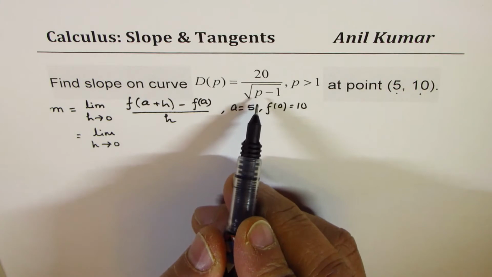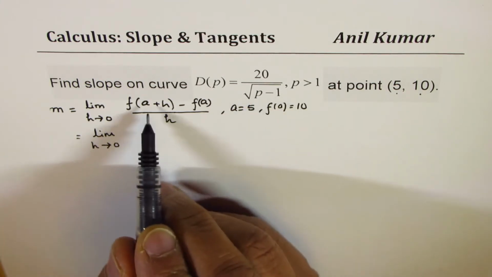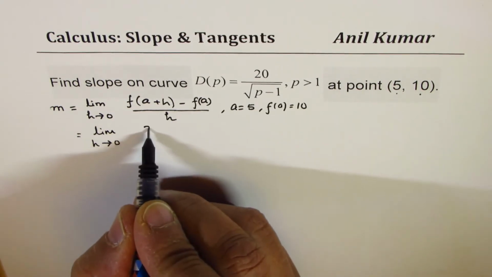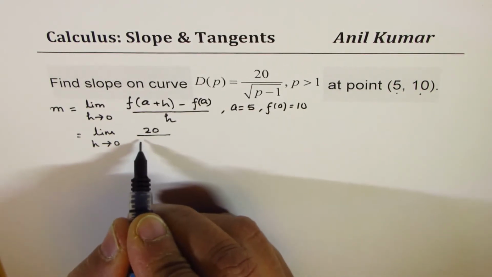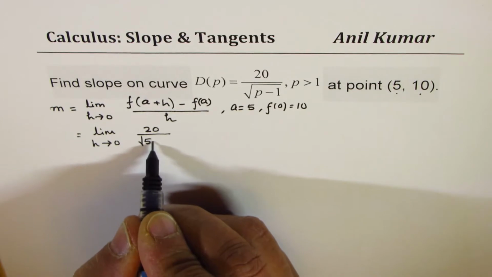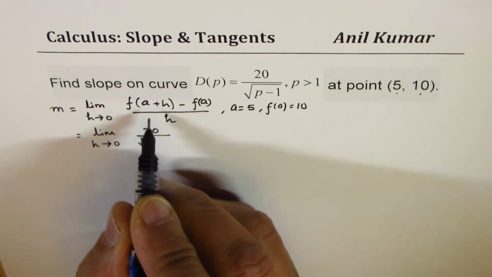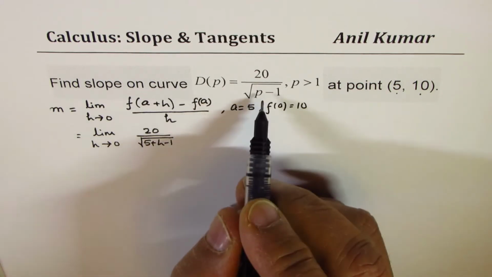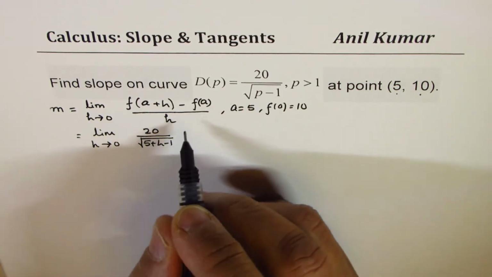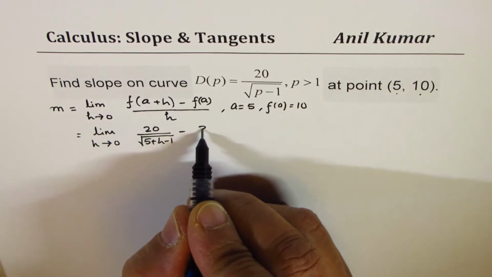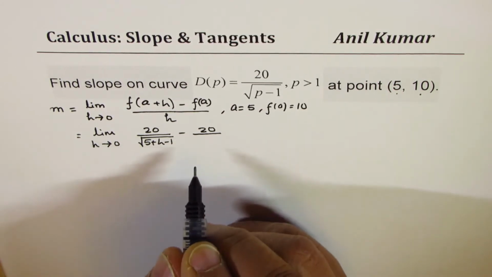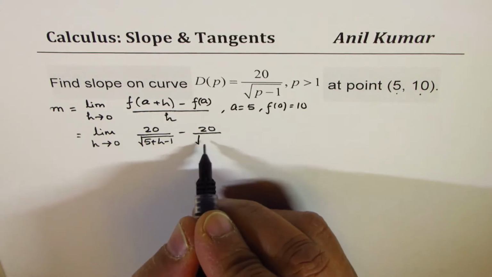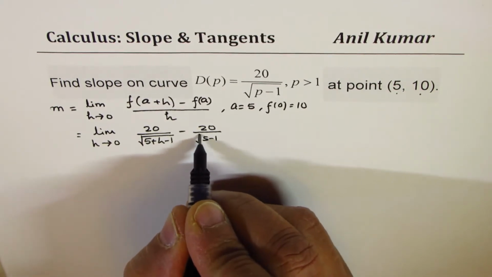You have to replace p with a plus h. A is 5 for us, right? So we get 20 over the square root of 5 plus h minus 1. So that becomes f of a plus h minus 20 over 5 minus 1.